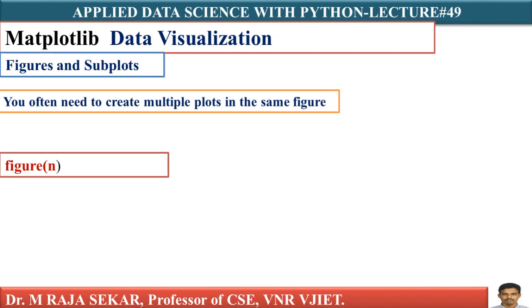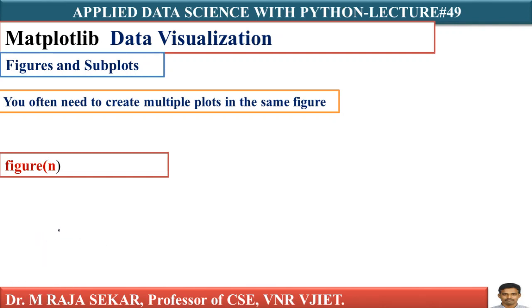Here, plt.figure(n) initiates a figure in which we can keep subplots. n is the index for this figure. I will explain how this n works and how it is useful.